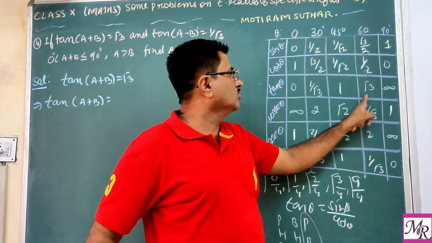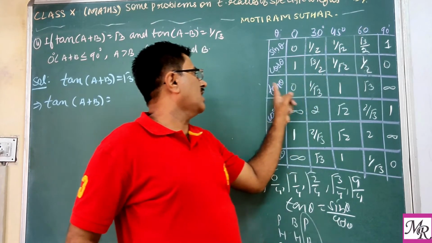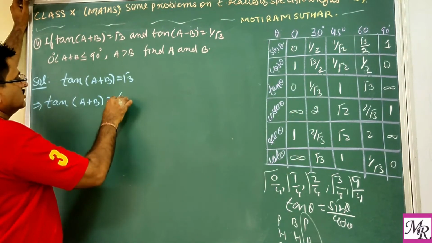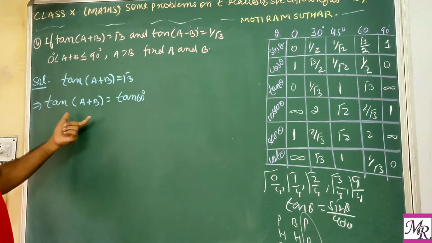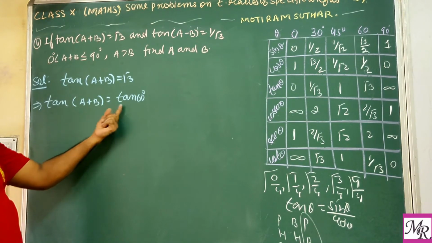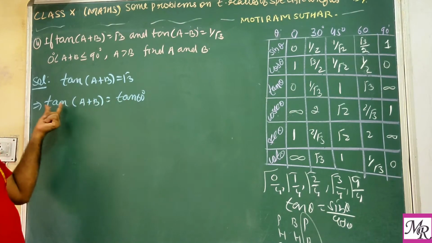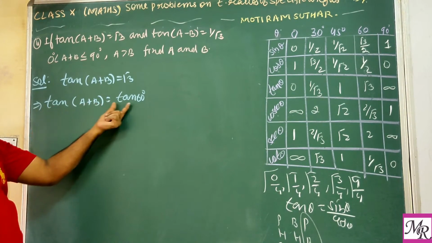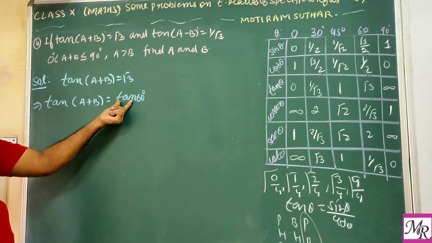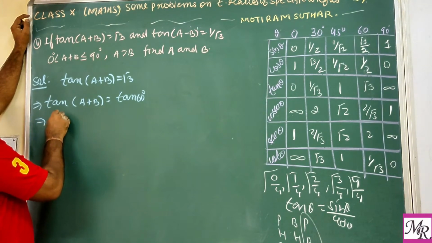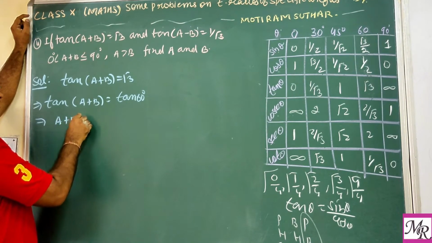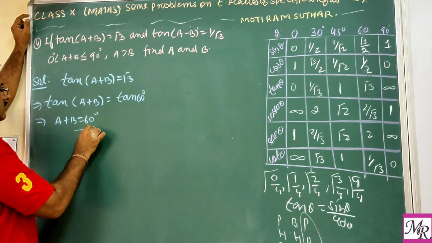So root 3 can be replaced by tan 60. Now on both sides, tan is there. The same operator is operating, so they will be removed from each other. This tan and tan will be removed. So here we get A plus B is equal to 60. So this is equation number 1.